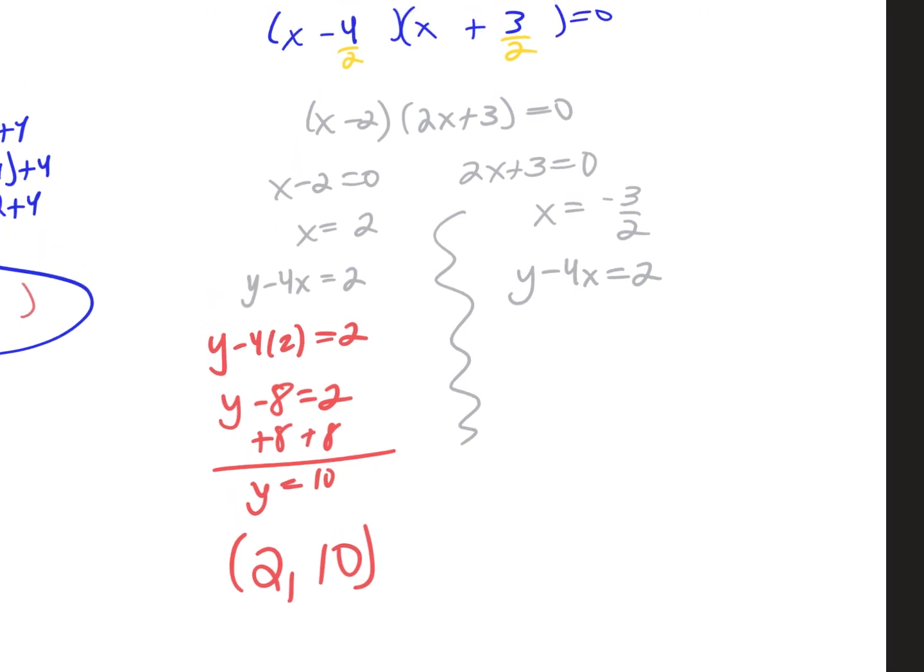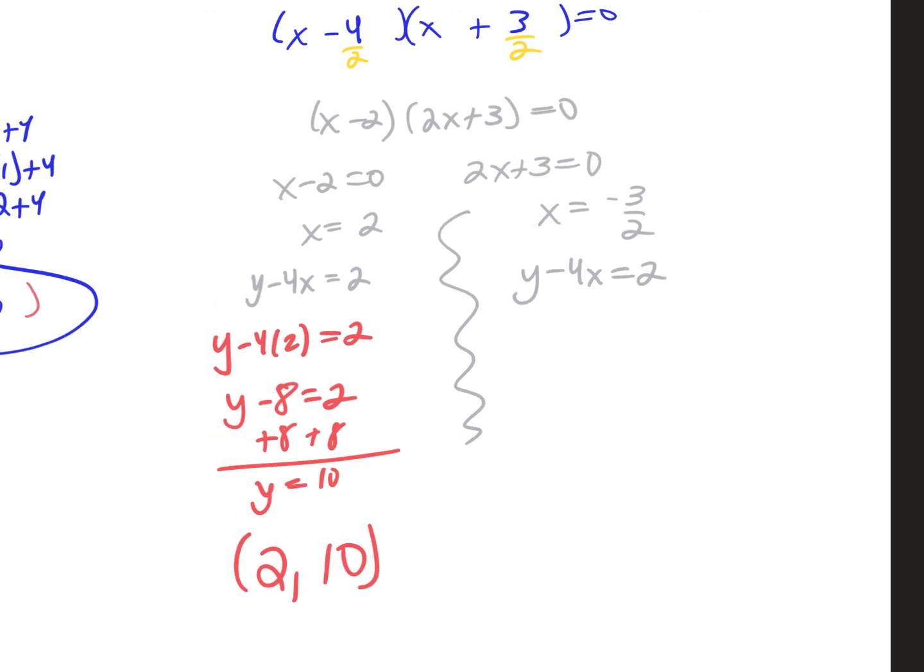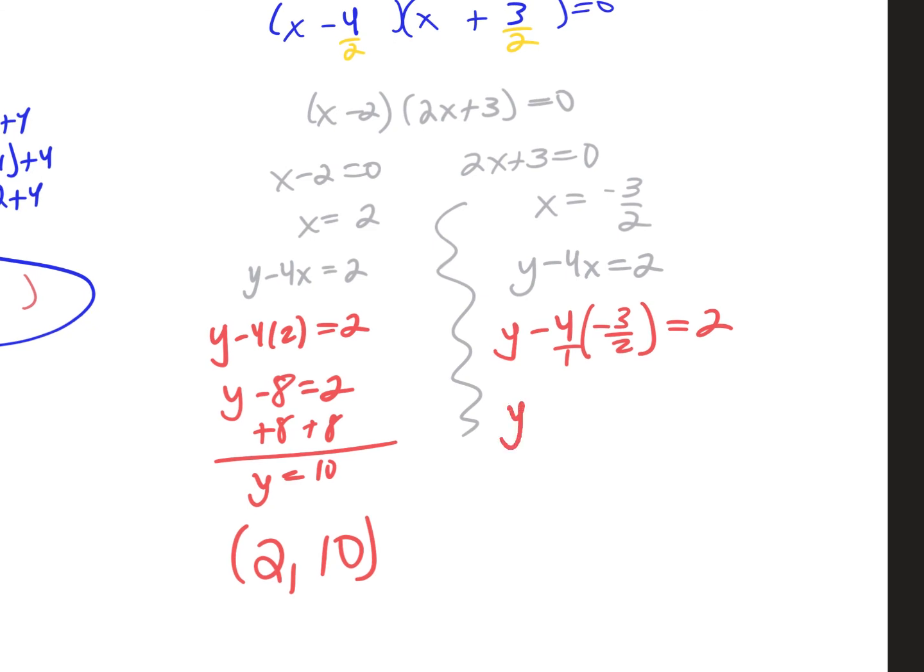Okay, I'm going to come over here and do the exact same thing. Yes, I know it's a fraction, but y minus 4 times negative 3 over 2 equals 2. Okay, a negative times a negative is a positive. So I have 4 times 3 is what? 12 divided by 2 is 6.